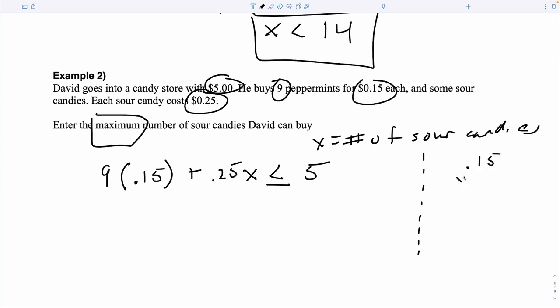Check with your partner to see if you have the same answer. Once you multiply that, go ahead and check your partner and divide the next one.